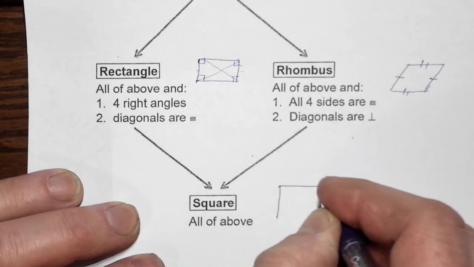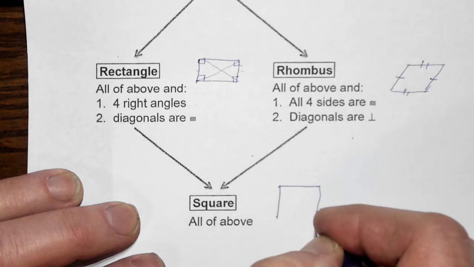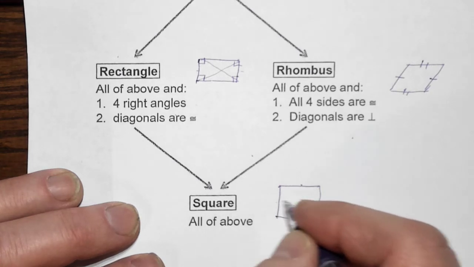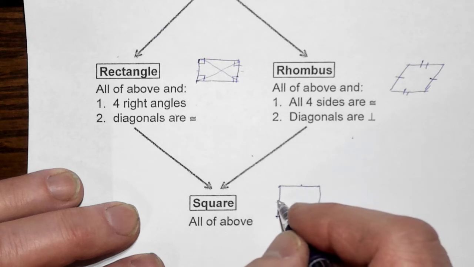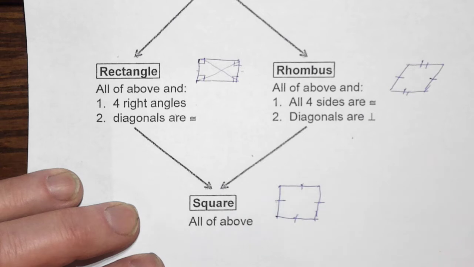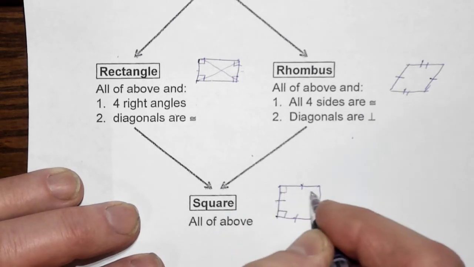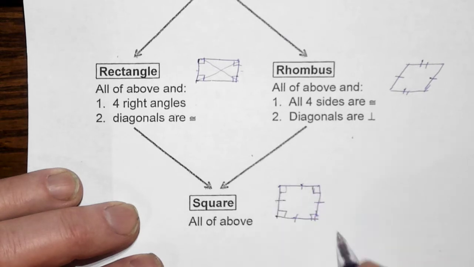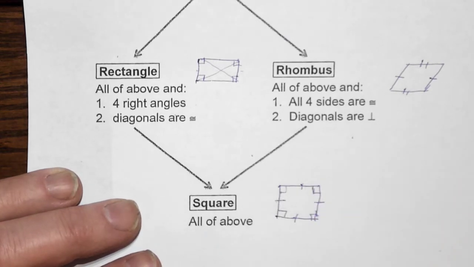It's a parallelogram, so this is parallel to this and this is parallel to that. This side's congruent to this side, congruent to this side, congruent to that side. That's a square because that's a rhombus, and they're all right angles. That's a rectangle. And the diagonals are congruent and all that other information.